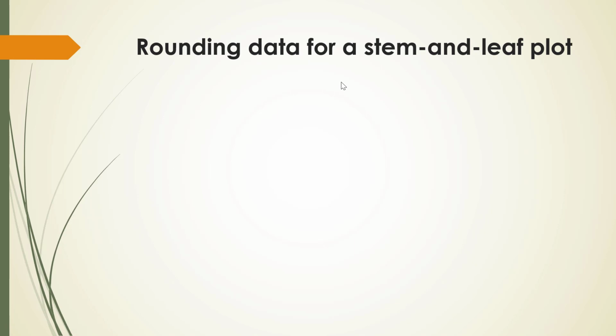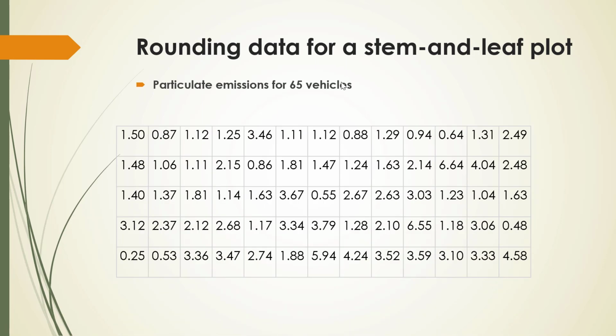Sometimes if you are given a dataset of all numbers in 2 decimal places, you cannot construct stem and leaf plots for a number with 2 digits after the decimal. So we need a technique called rounding data for stem and leaf plots. For example, this is a dataset of 65 vehicles, and each of these numbers is rounded to 2 decimal places.